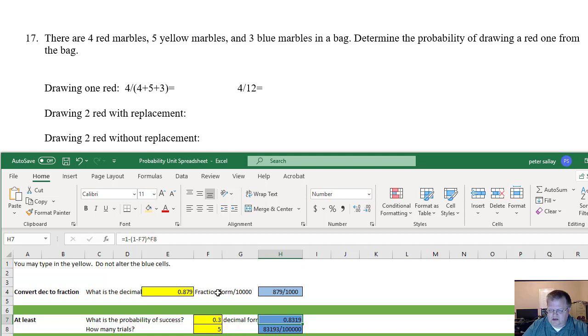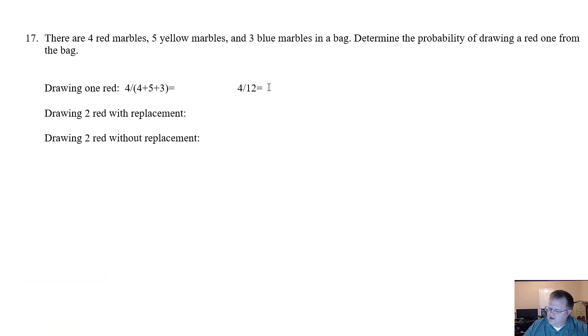And let me jump into the spreadsheet here. So 4 out of 12. So that's decimal form is 33.33. Fraction form is 1/3, percent, which doesn't say on the spreadsheet, but that's 33%. So 1/3 would be great for that answer.